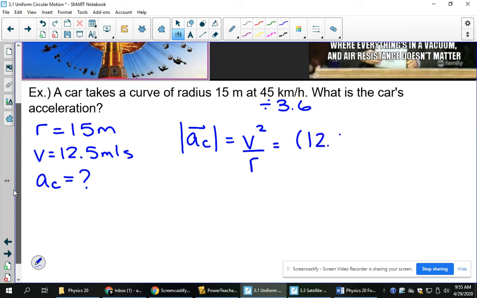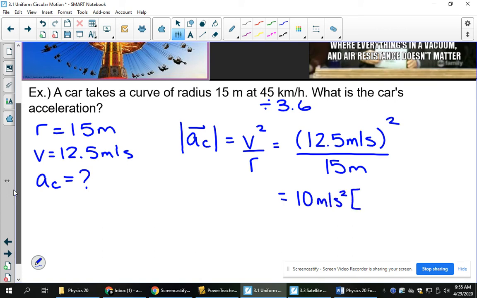Here's my 12.5 meters per second squared divided by the radius, 15 meters. And I'm getting a centripetal acceleration to be 10 meters per second squared. And to put a direction on this, towards the center of the circle.